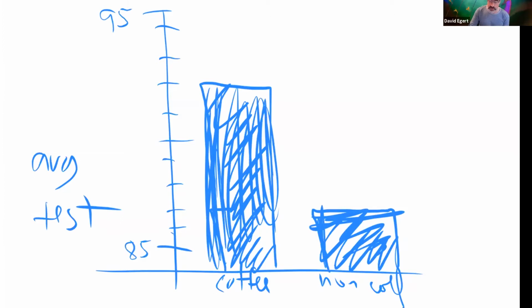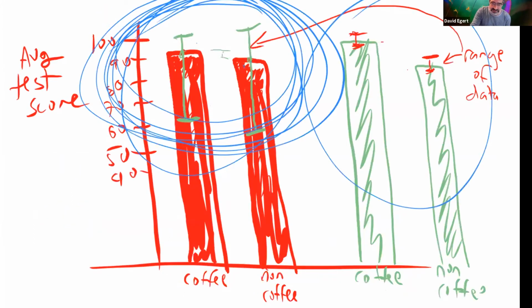And it's like, wow, it looks like the coffee group did a lot better than the non-coffee group. And then you go into the real data and it's like, yeah, it was this tiny little change, and the actual data is spread way beyond what that actual difference is.